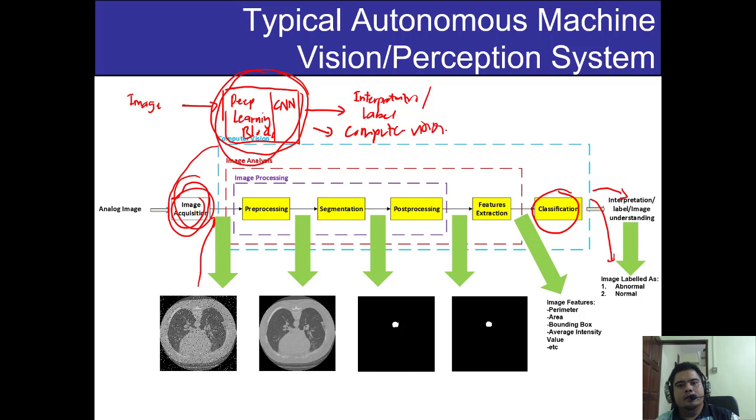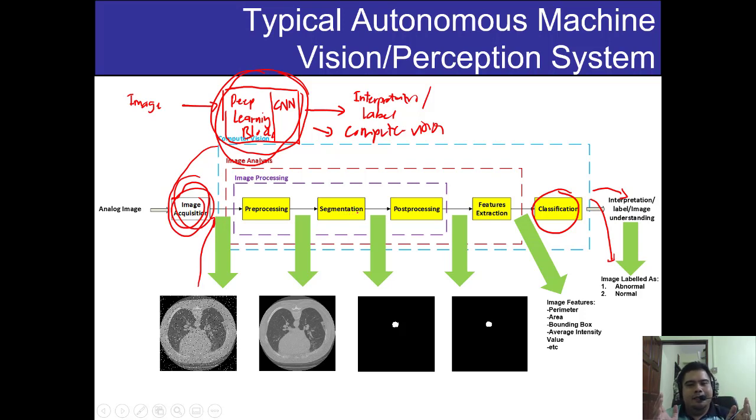So what is the difference between this one and the conventional computer vision? The conventional computer vision involves many block processes, sub-block processes, where image processing and image analysis are involved in each and every process here, while the recent, prominent AI called deep learning, which applied to images is called CNN, uses only one single block that you cannot separate into sub-blocks, because that network works alone in doing pre-processing and segmentation by itself.